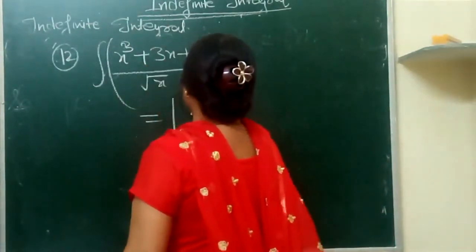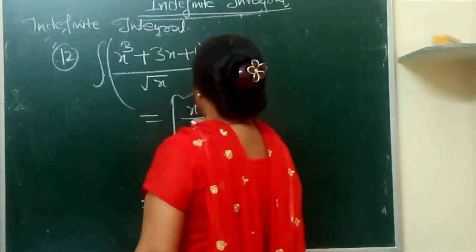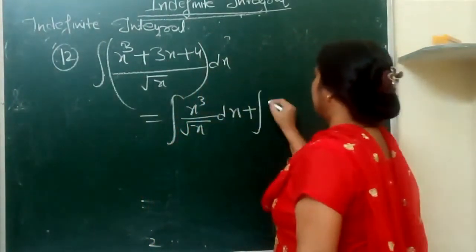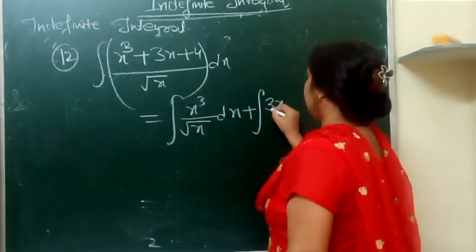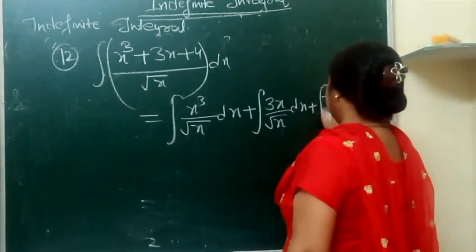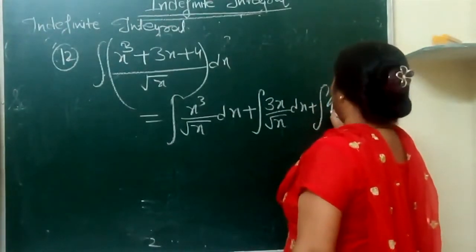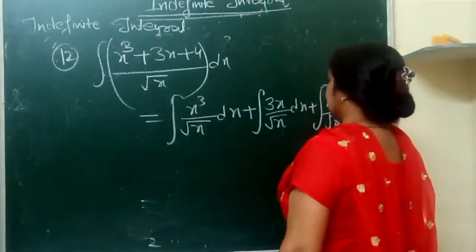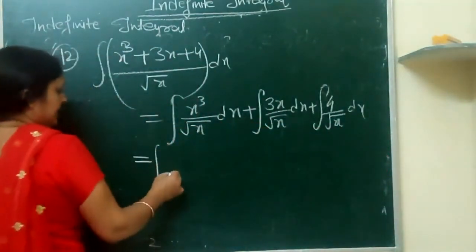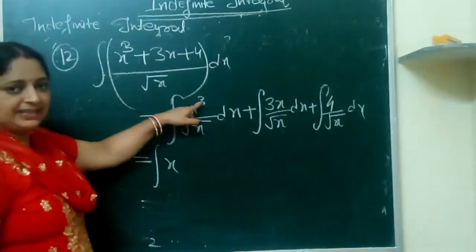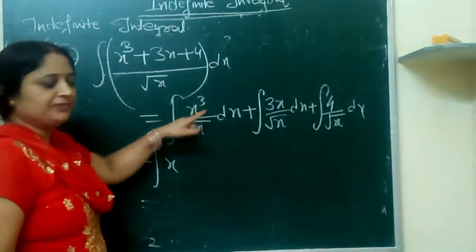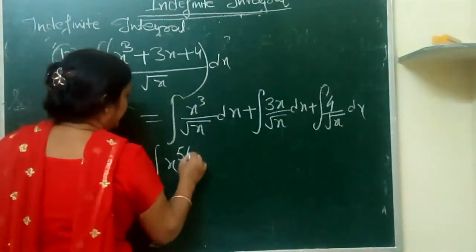It will come integration of x cube upon root x dx plus integration of 3x upon root x dx plus integration of 4 upon root x dx. After that, it will come x raised to power 3 and here half. So 3 minus half, what will come here? 5 by 2.